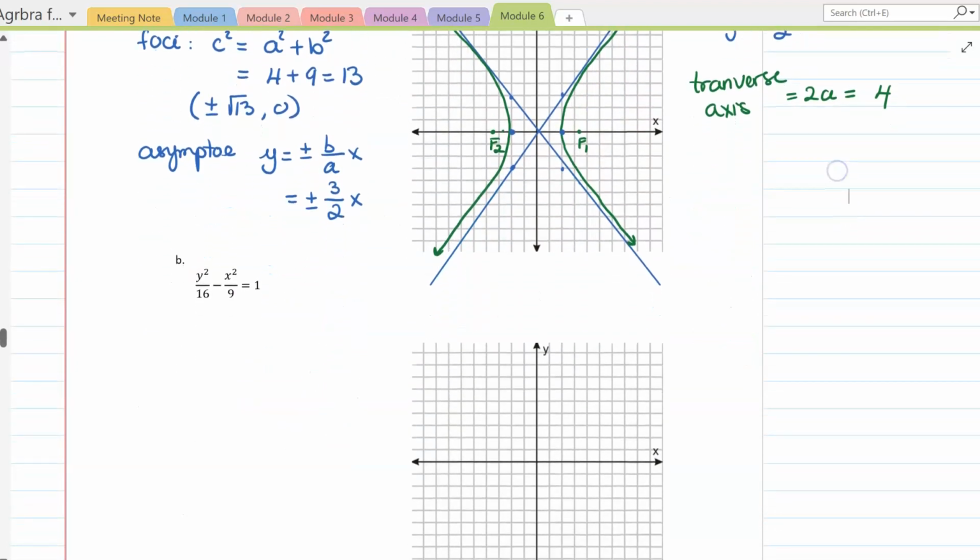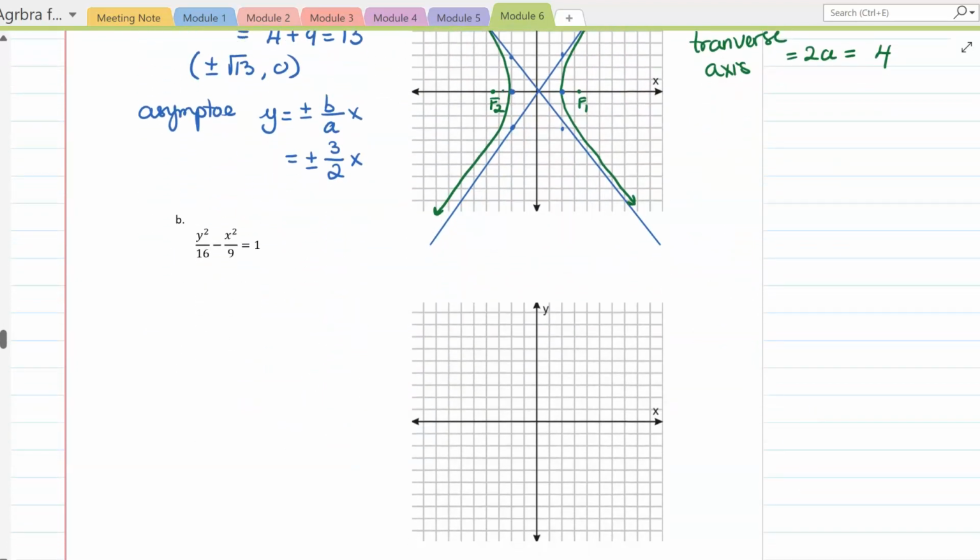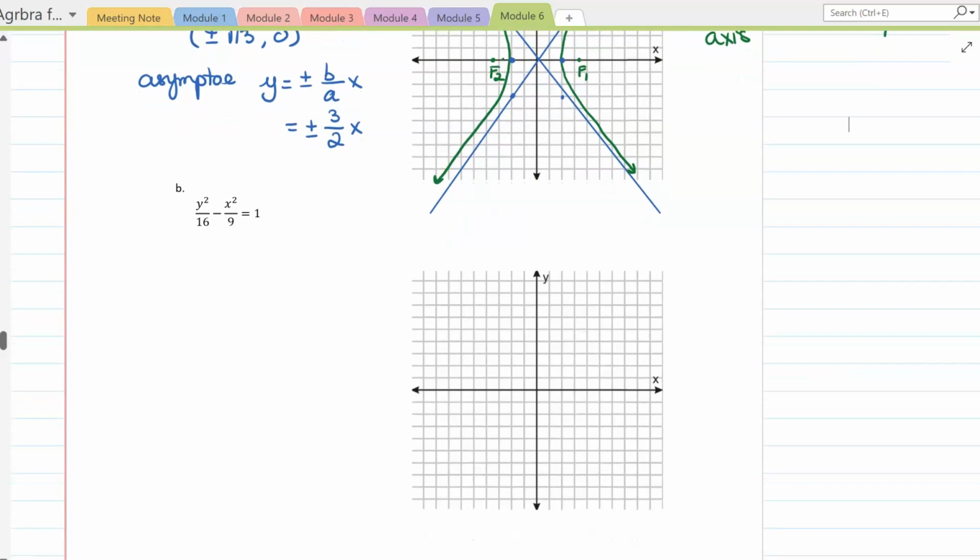The next example, here we have y minus x. This means the hyperbola opens up and down. Right? So here we have a equal to 4 and b equal to 3.